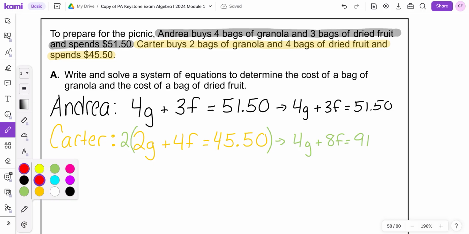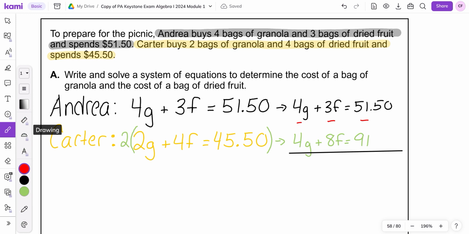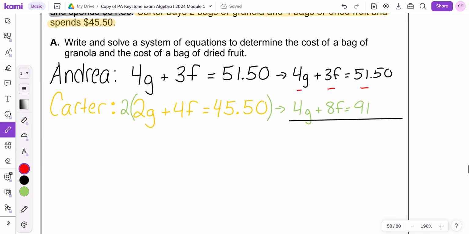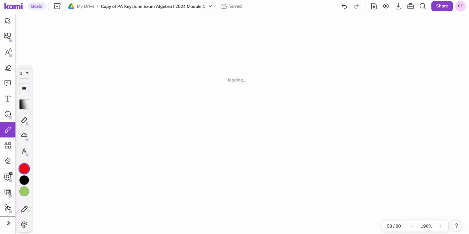Here, since the variables are the same, I'm going to subtract the 2 lines. I'm going to show you another method later on where instead of subtracting, I'll be adding them. When I subtract the 2 lines, I am going to get my G's to cancel out. 4G minus 4G is 0 G's. Then I have 3F minus 8F is negative 5F.